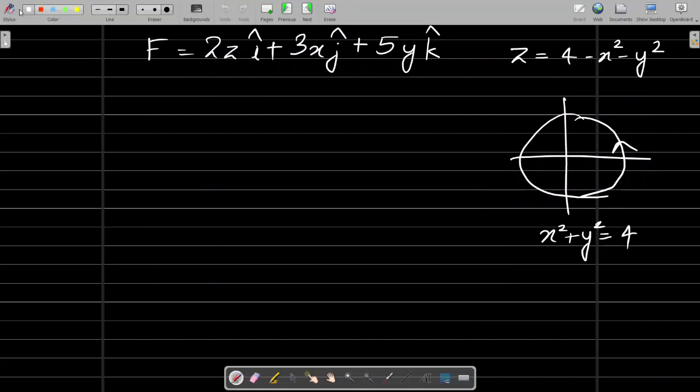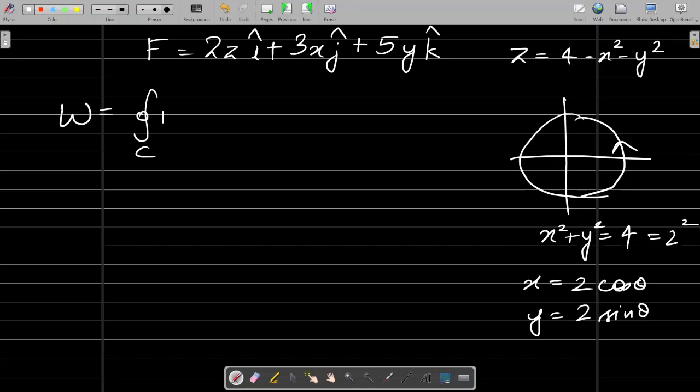So evaluating the left hand side, here x equal to r cos theta, so 2 cos theta, x square plus y square equal to r square, y equal to r sin theta, so 2 sin theta. Now you have to evaluate the work done. So W equal to integral over C F dot dr. Now the z component here is 0.